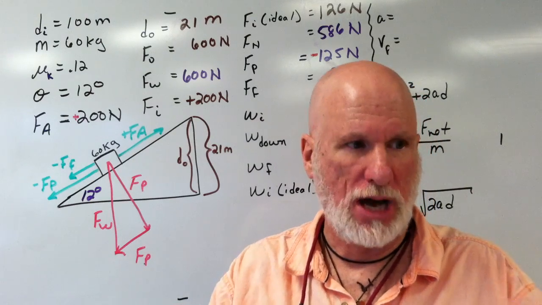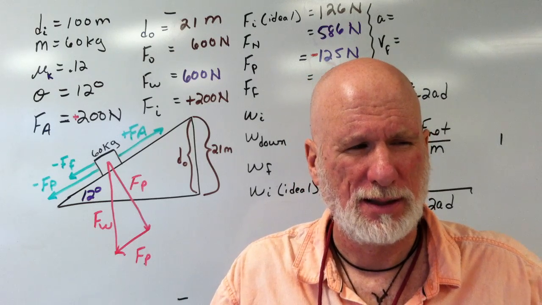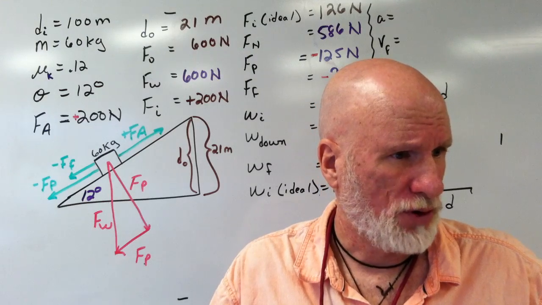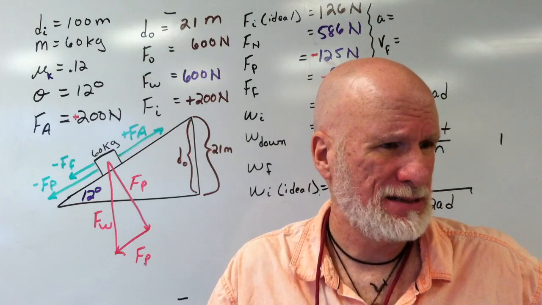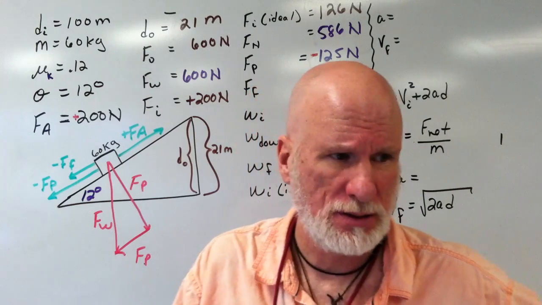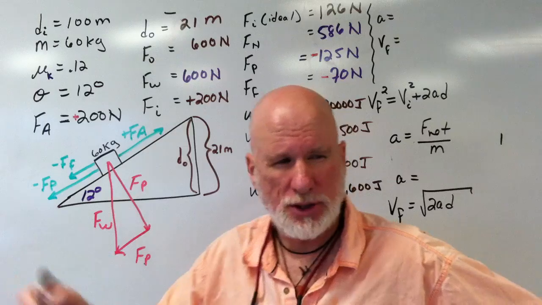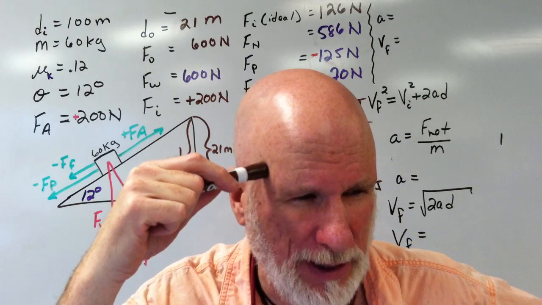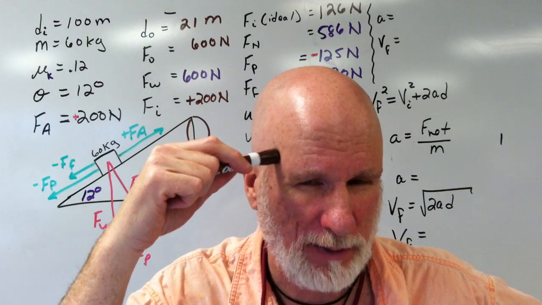Can you just tell me what you did for WF and W down once more? WF was the force of friction times the DI. Doesn't that make sense? Okay, well, the force of friction was 70 newtons, and it's being applied over 100 meters. So WF would be the frictional force times the distance.